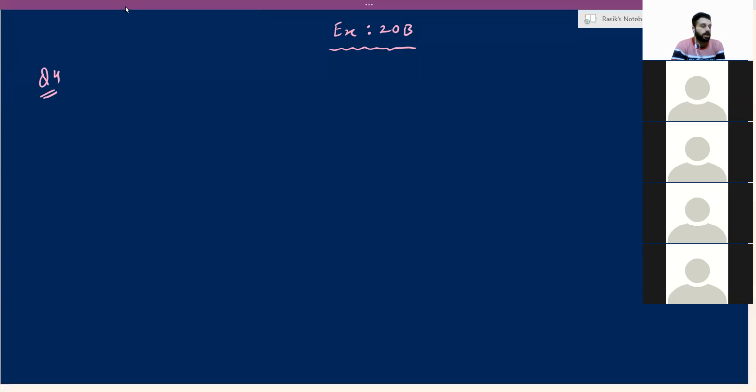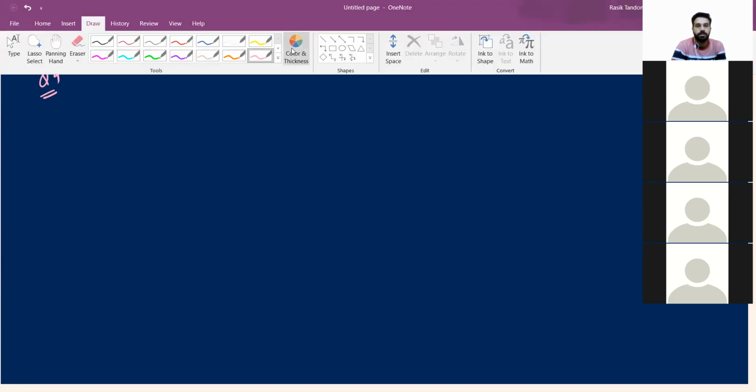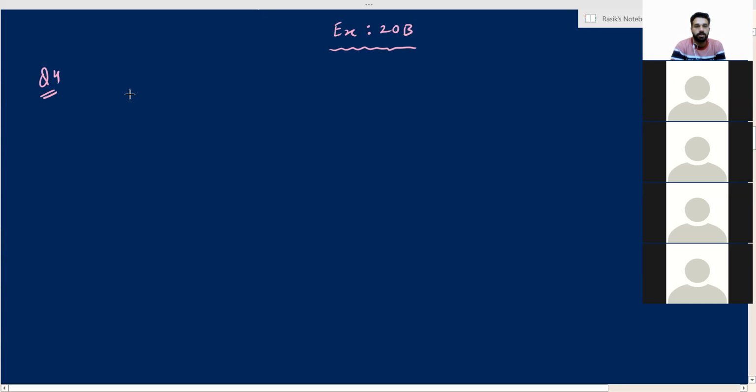So there is a rectangular grassy lawn measuring 38 meter by 25 meter. This is the rectangular grassy lawn. The dimensions are given.